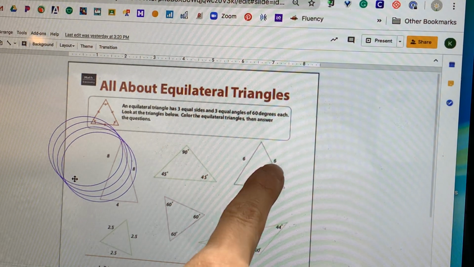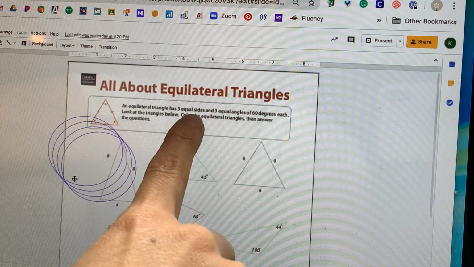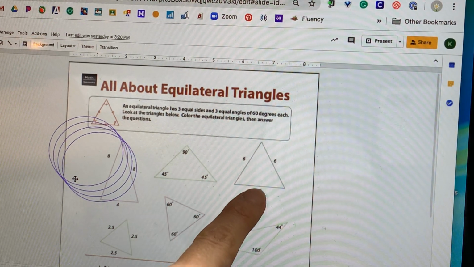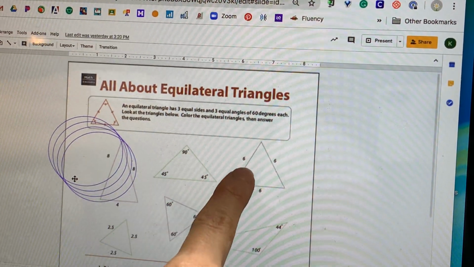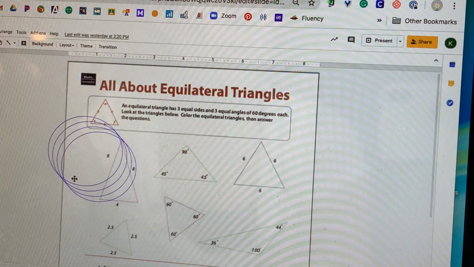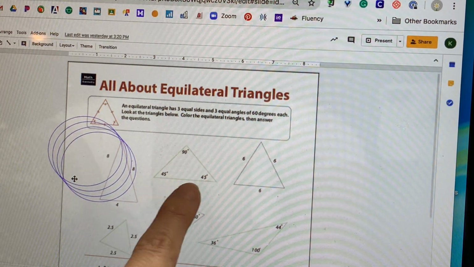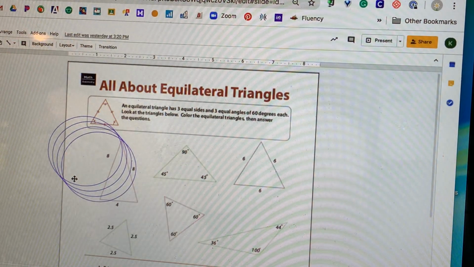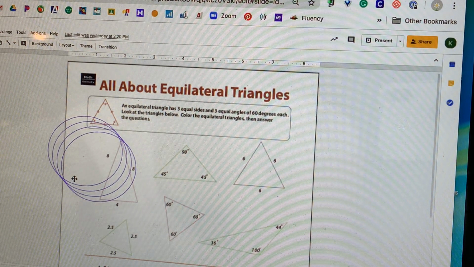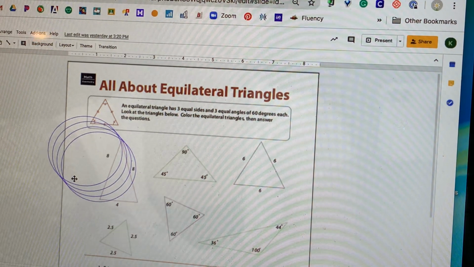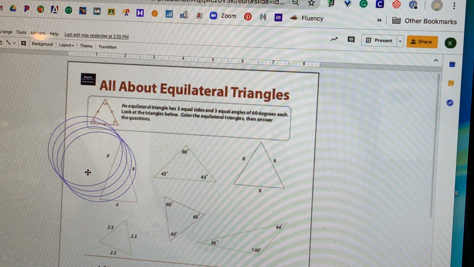So if all the sides here are equal, and we know we're talking about sides that are equal, you can put a circle right there. Or let's do the hard one together. So this one, 90 degrees, 45 degrees, 45 degrees. They are not all the same, nor do they look like the same length. So that's not one.